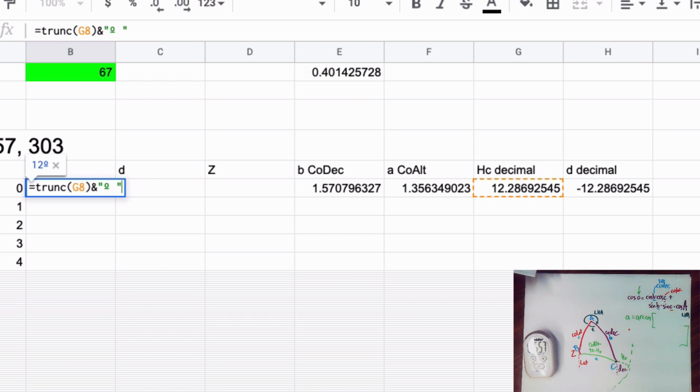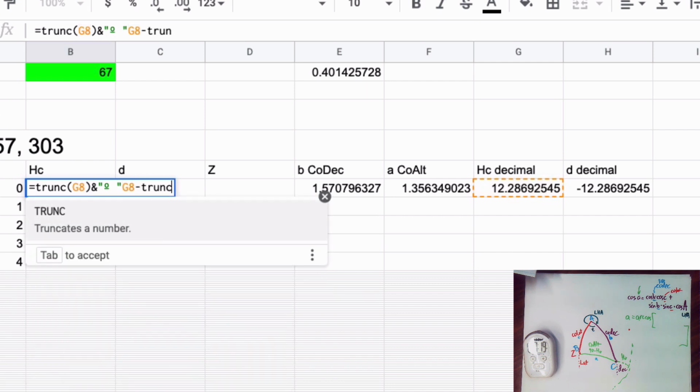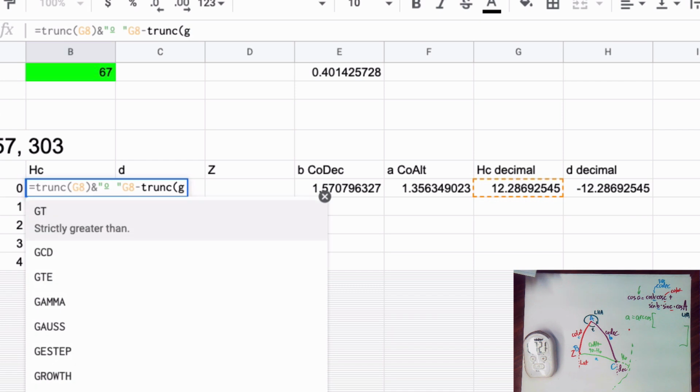And then once you truncate the decimal, we've got to bring the decimal back. So now we're going to truncate it again, but we're going to subtract that from the original decimal version. So we're going to say G8 minus trunc G8, right?